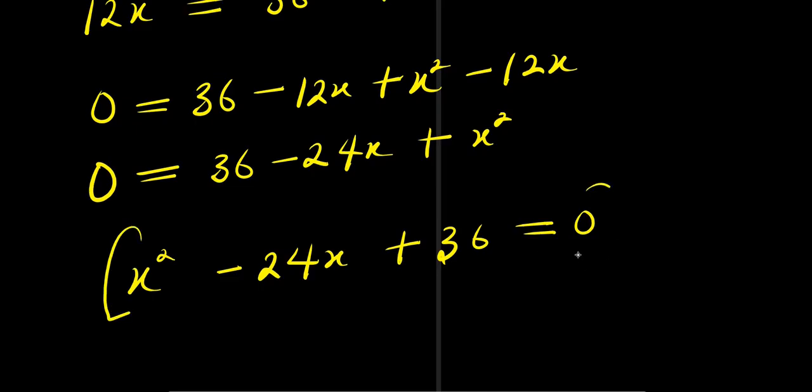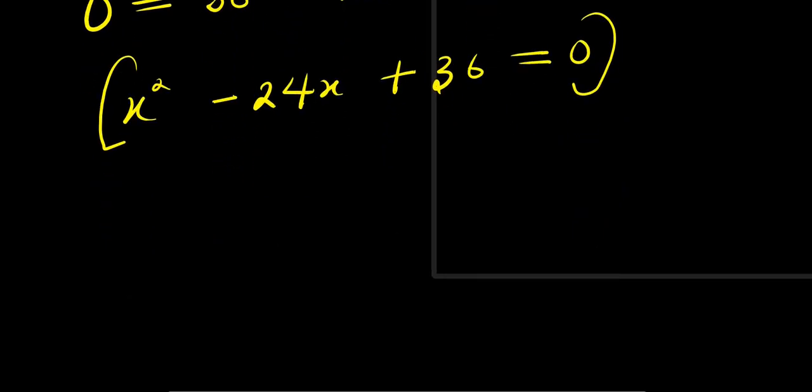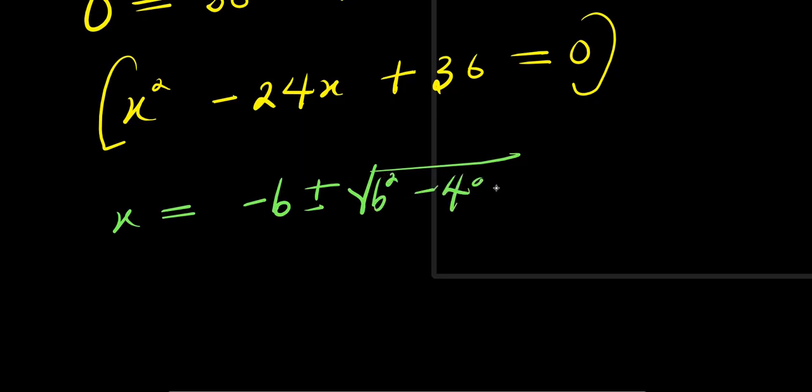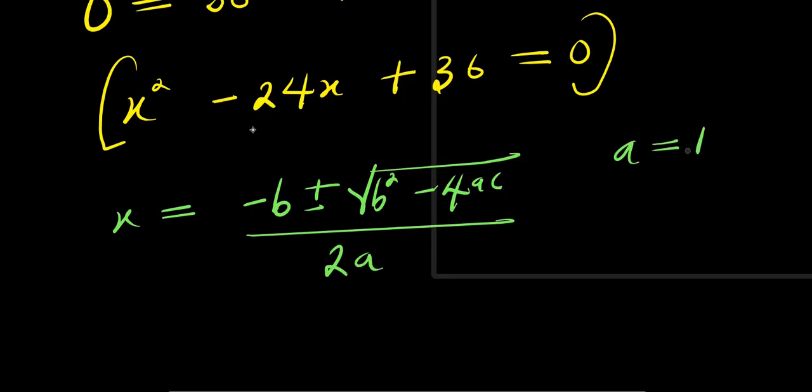A quadratic equation that we are going to solve for x using the formula method. Let's write the formula in respect to x. So we have x equals negative b plus or minus square root of b squared minus 4 times ac, divided by 2a. A equals 1, which is the coefficient of x squared. B equals negative 24.